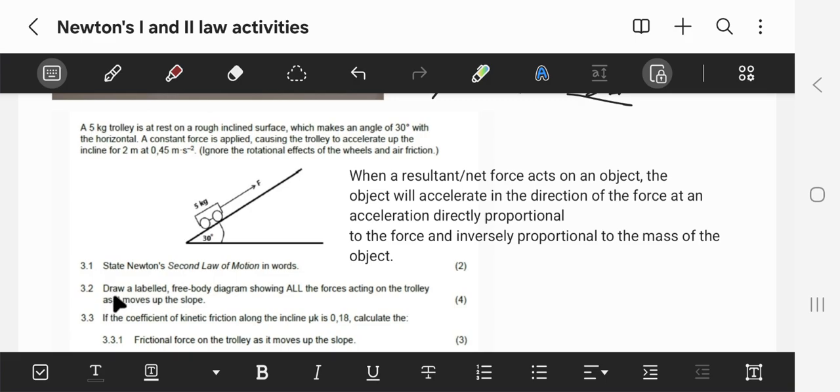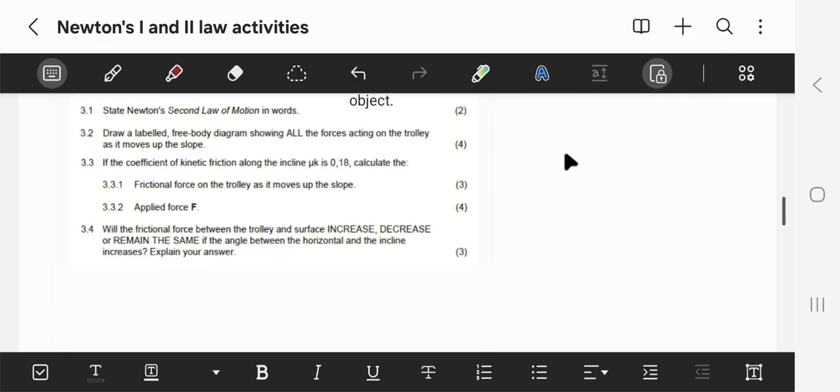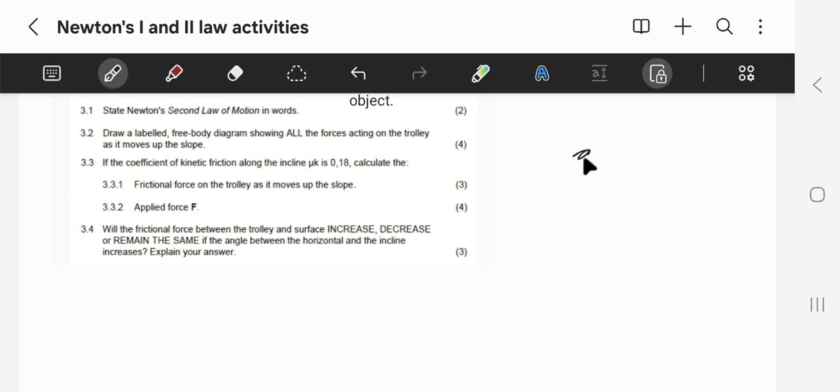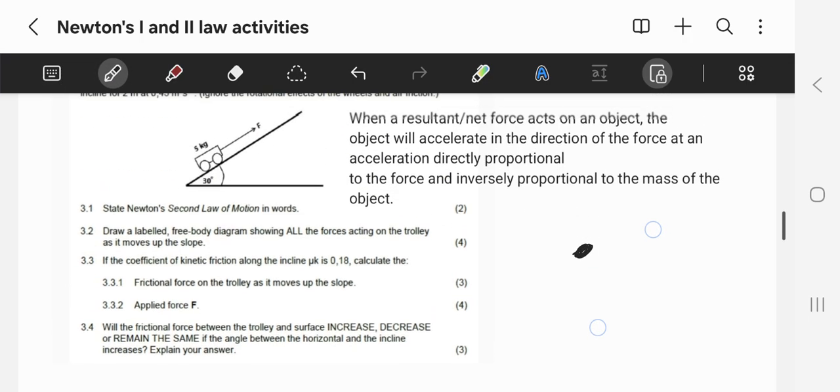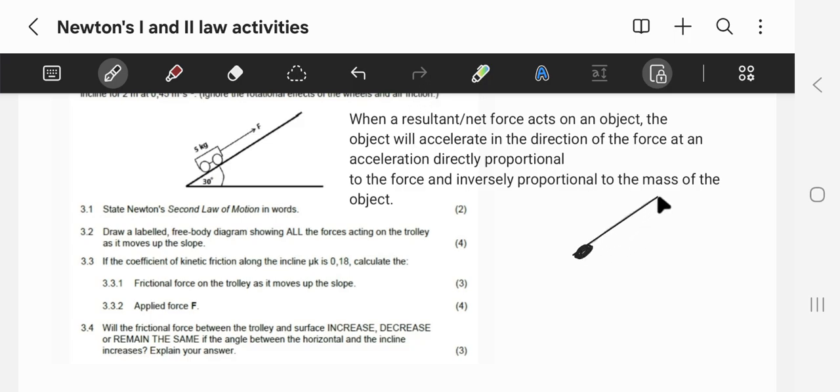The next question says, draw a labeled free body diagram showing all the forces acting on the trolley as it moves up the slope, and it's 4 marks. So this is how we'll draw a free body diagram. We will firstly start with our dot. There's our dot, and then we see that our object is on an incline, so we'll have a force like that.